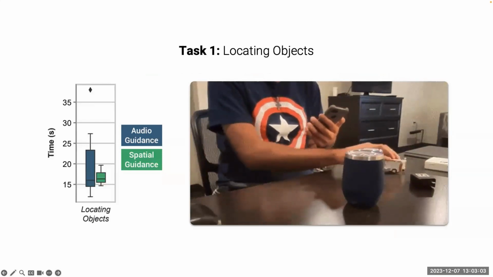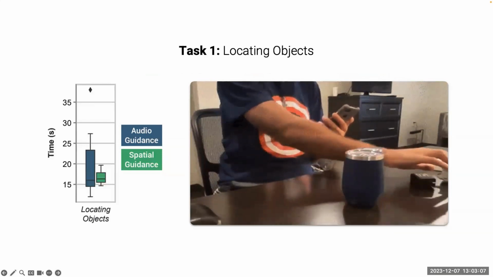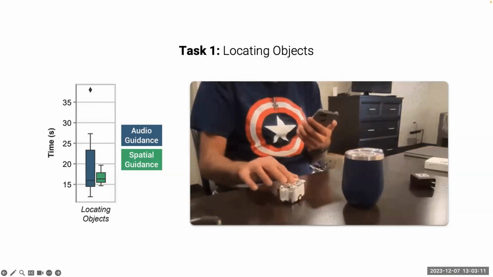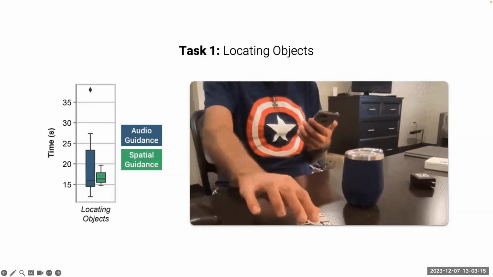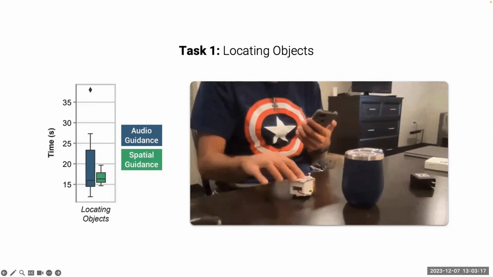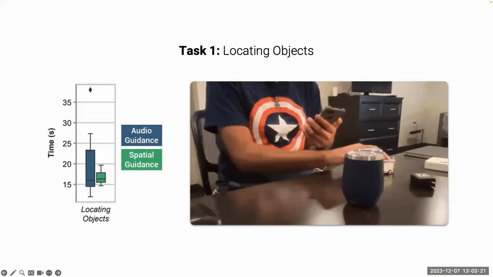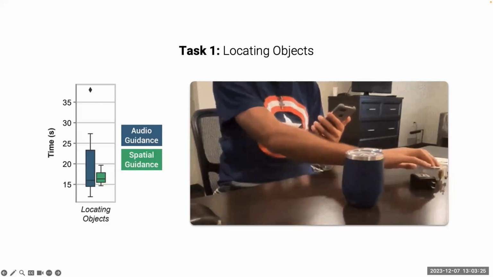So for the locating object task, we compared between the spatial guidance method and traditional audio guidance method. And the participants could complete the task significantly faster with the automated spatial guidance technique compared to the audio guidance technique.